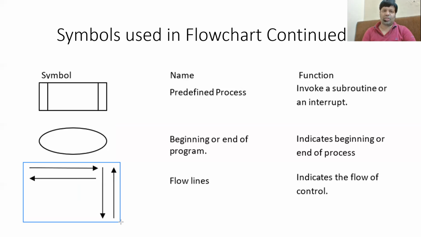From where it is going to start, what will be the next step, what will be the third step, if it encounters a condition, where it will go. All these are represented with the help of the flow lines. Flow lines can move downwards, upwards also to show the repetition. They can move towards the left side and the right side. So all these lines will be used to represent the flow of the execution.